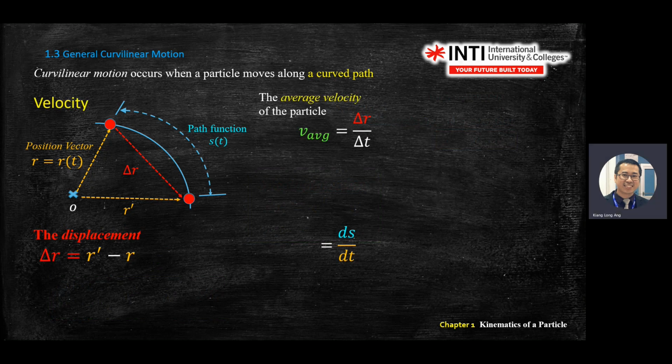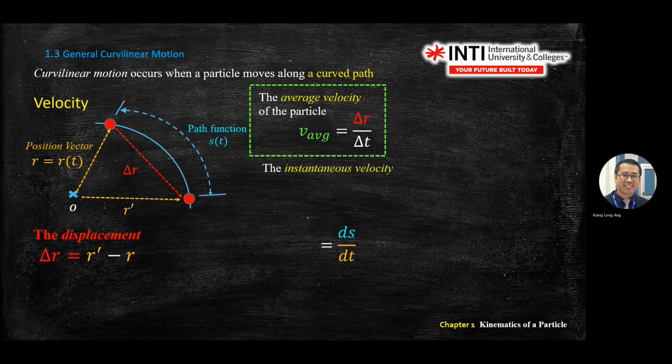So again, we go into velocity. Velocity in linear motion equals ds over dt, the time differentiation of your displacement. Here it is the same, but you replace the displacement with delta r. Average velocity equals delta r divided by delta t. Again, this is average; we are more interested in instantaneous velocity.